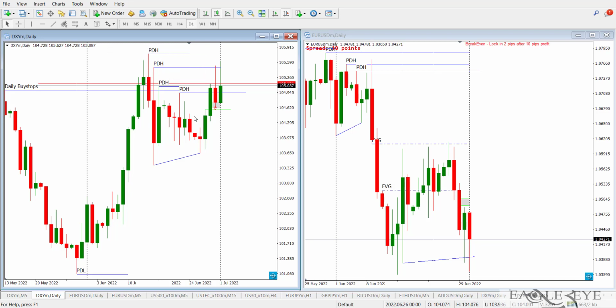But it took about 2 weeks for that to happen, and we are not yet there. So for the previous week, I was talking about the fact that I'm still bullish on the dollar and I'm expecting price to reach up into this particular high, the PDH, as I've indicated right there.